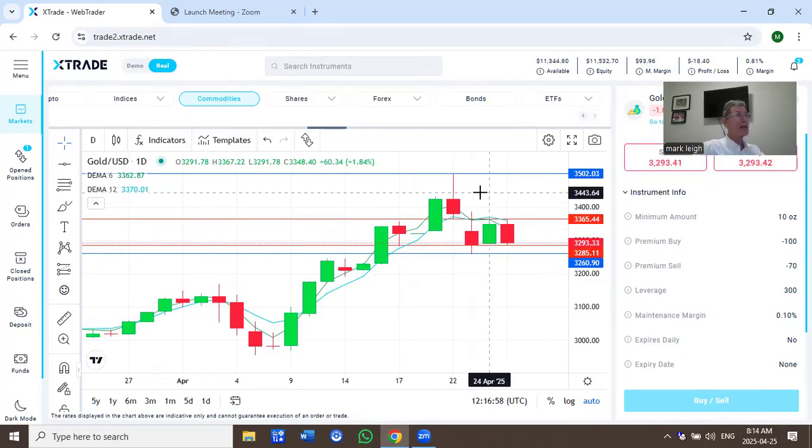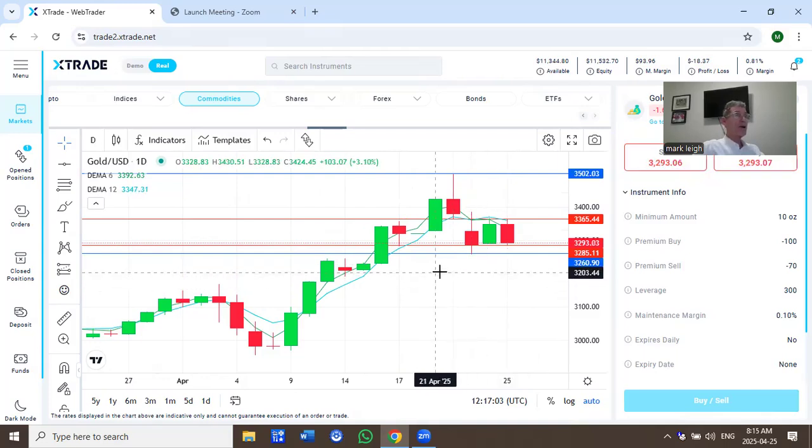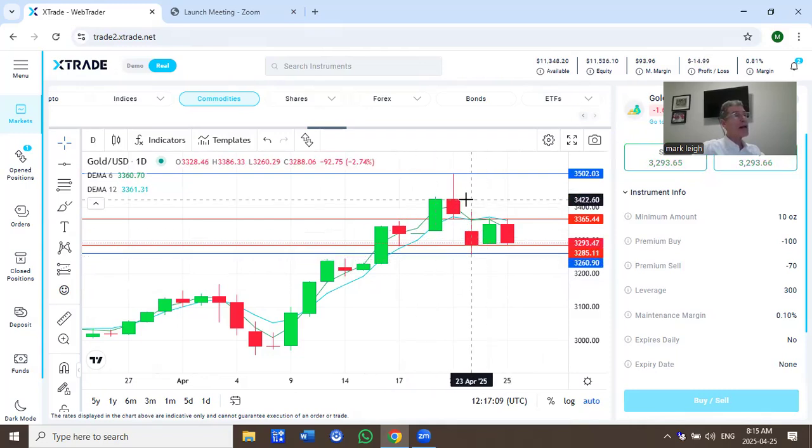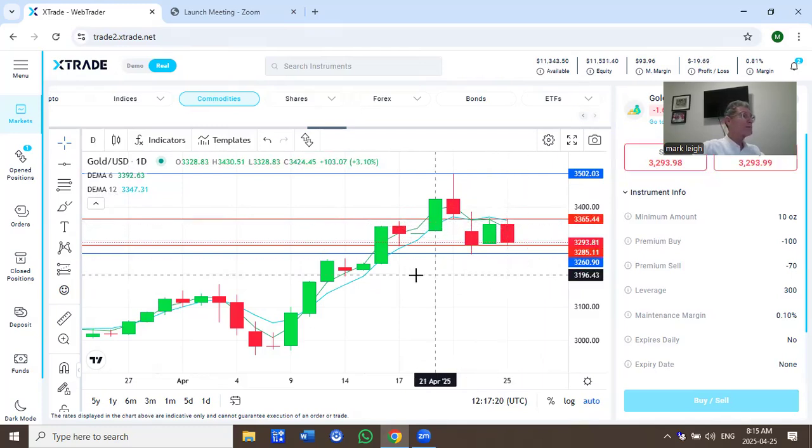Certainly, profit taking is adding to this sell-off. Some relatively positive tariff news and trade war news will all add to gold moving lower, and this sell-off we saw to start the week is continuing today to move lower.